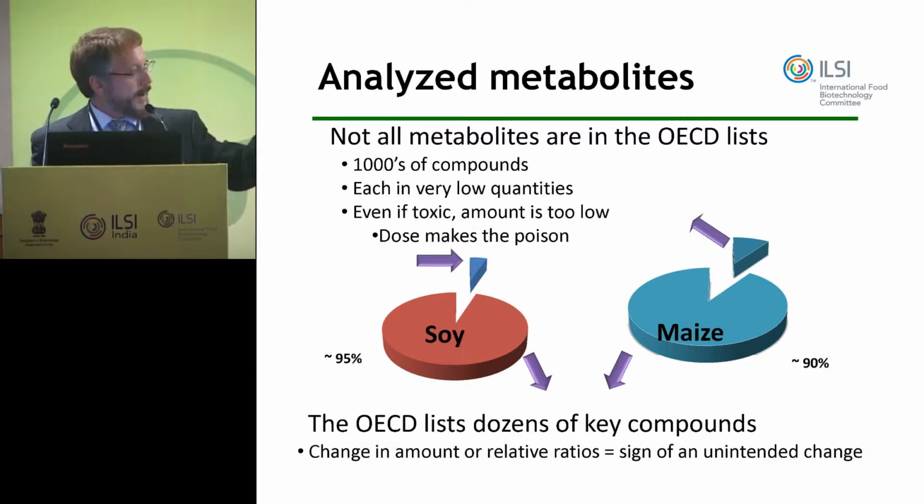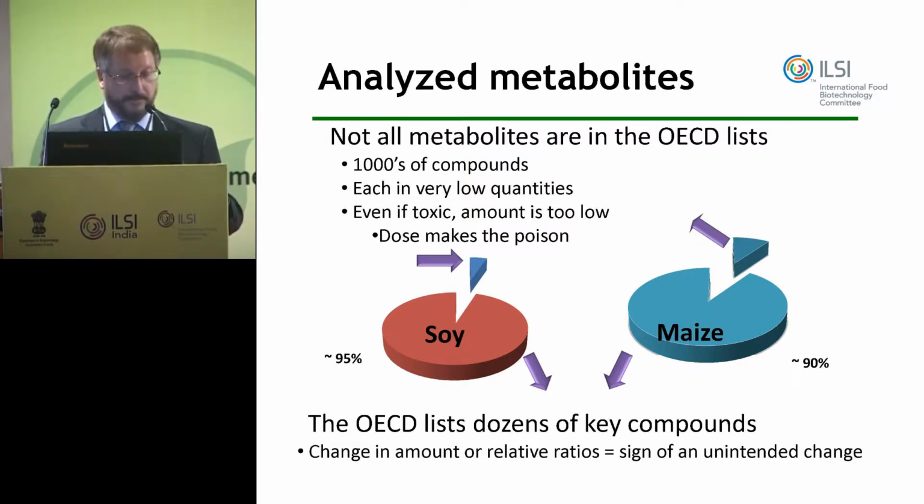The leftover fractions in both cases each consist of thousands and thousands of compounds, each one in very low quantities, so low that even if there might be a toxin in there, the amount is too low to be of significance. At the end of the day, dose makes the poison. For any of these compounds to become a problem, we actually did the math.